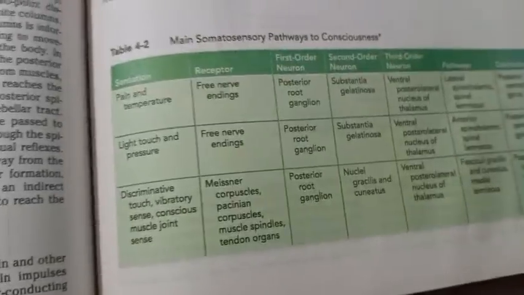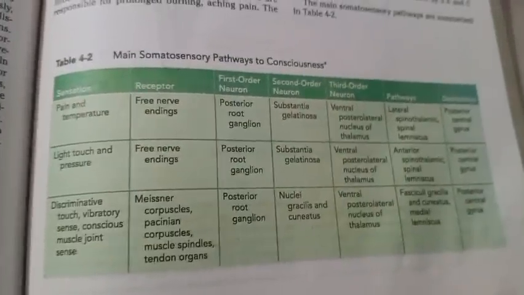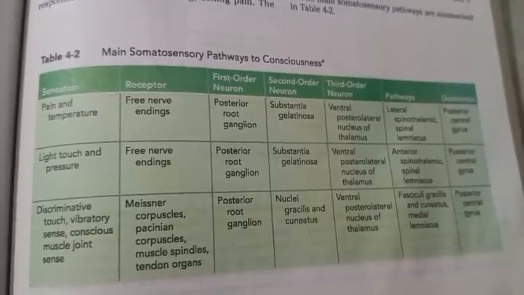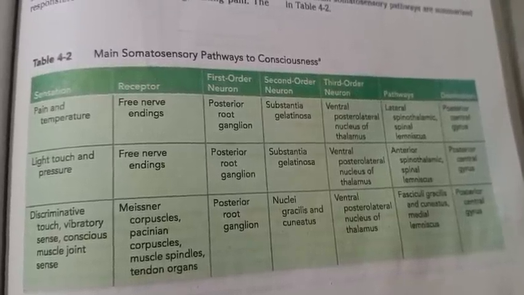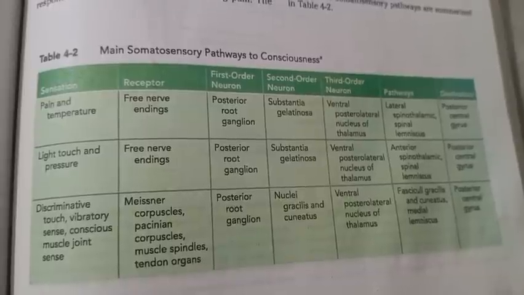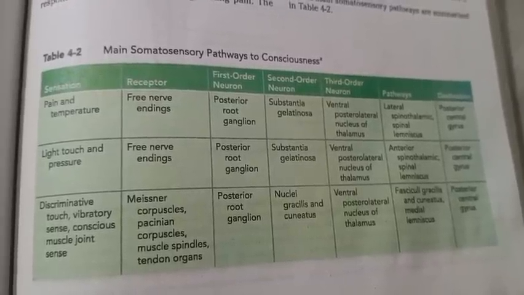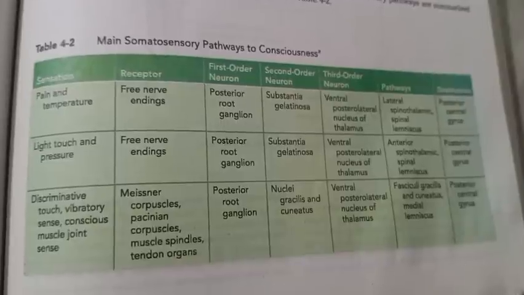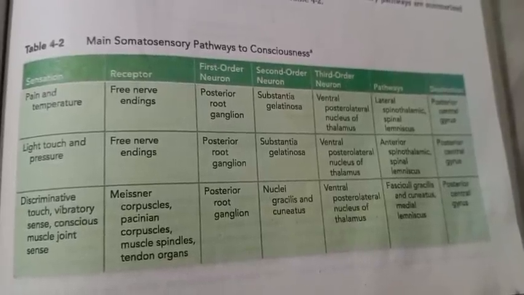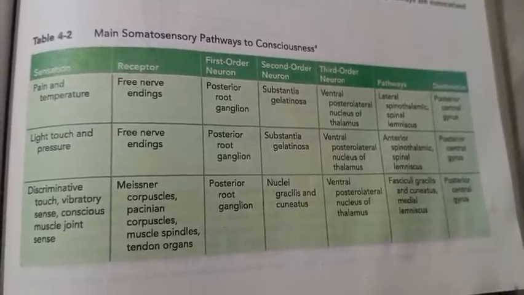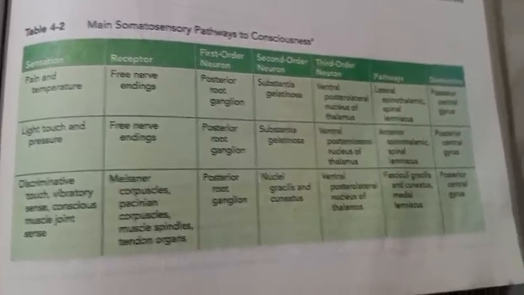And now we are talking about the main somatosensory pathways to consciousness and their nerve endings. When we talk about the first order neuron, it is the posterior root ganglion. The second order is the posterior horn, substantia gelatinosa for the first two, but in the last one the second order is the nuclei gracilis and cuneatus.